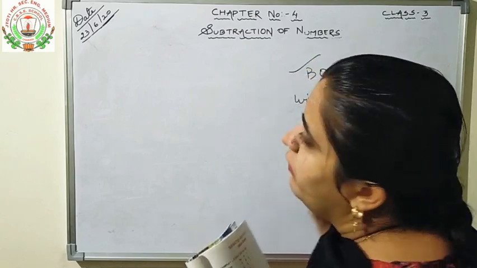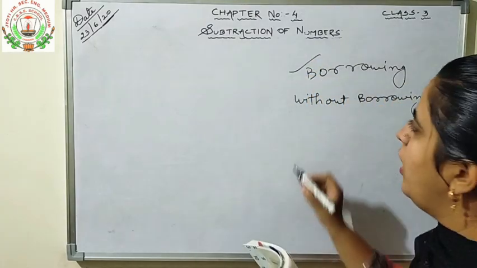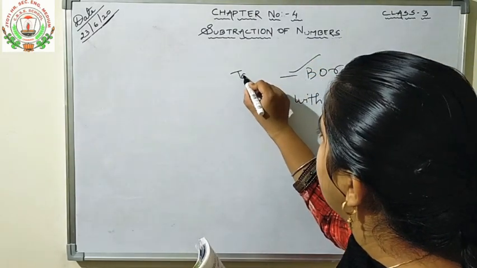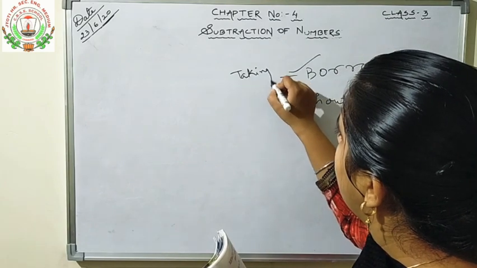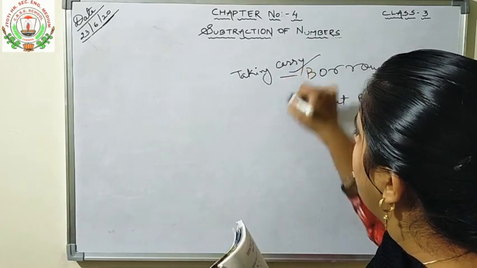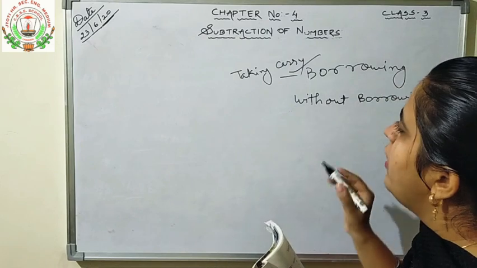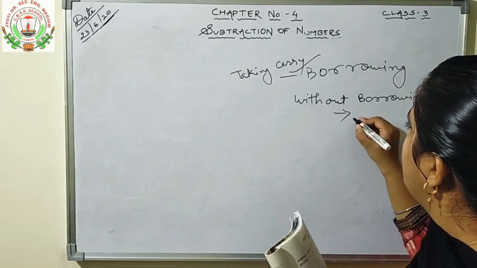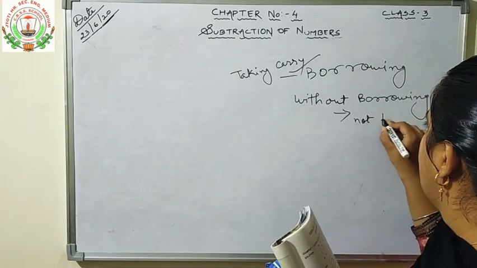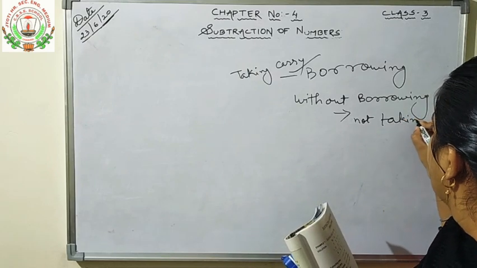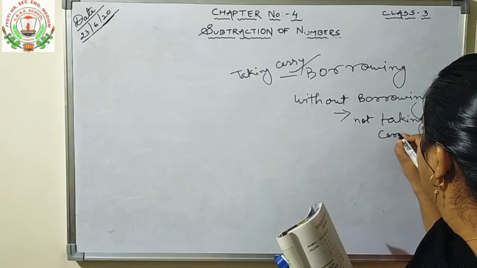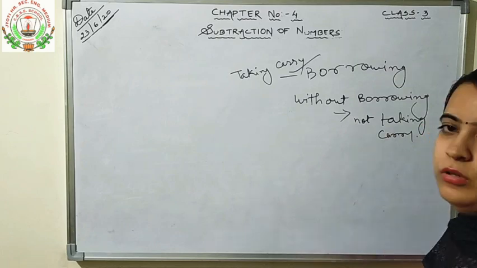Borrowing means when we are taking carry from the other number, taking carry from the forward number. Without borrowing means not taking carry. Okay, this is the difference between the two.